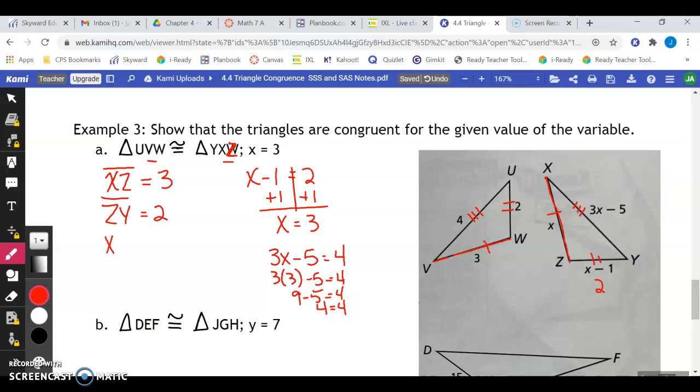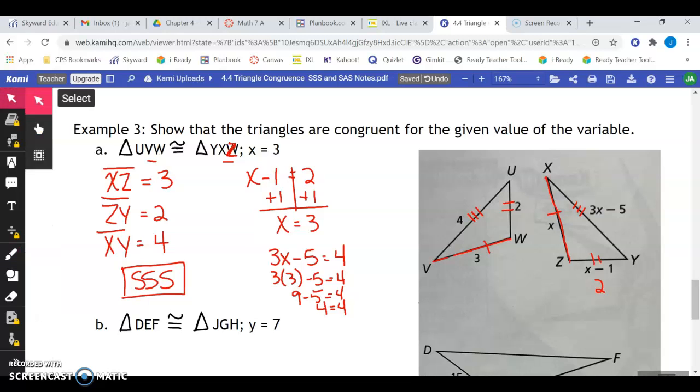So segment XY is going to be equal to 4. And then we can prove that those two triangles are congruent by side, side, side, since we just said that all three sides are congruent.